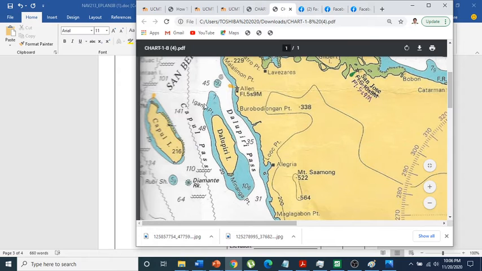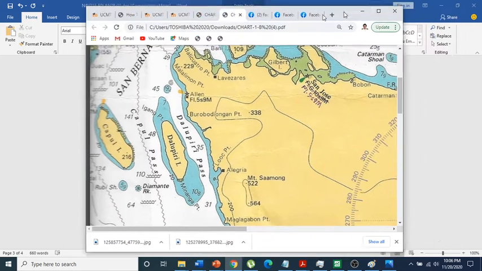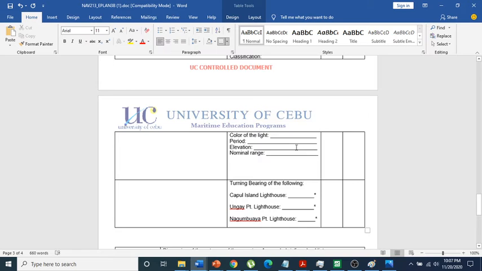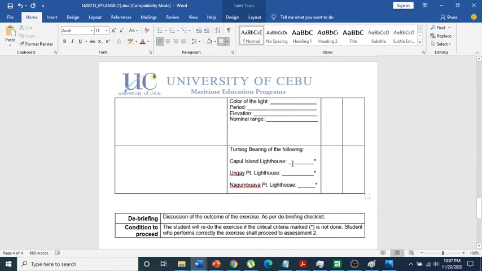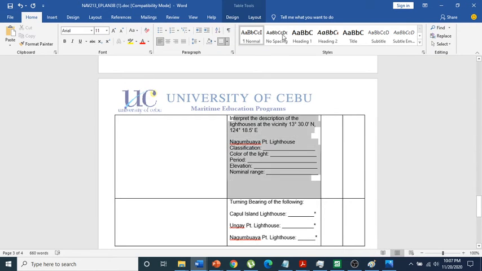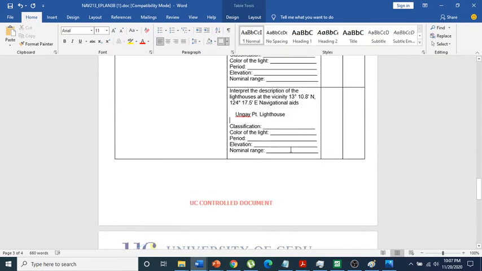Should there be any lighthouse that is not visible, just put nil. Okay, so that's what you're going to do. I hope you understand how to answer all of this because it's just the same.